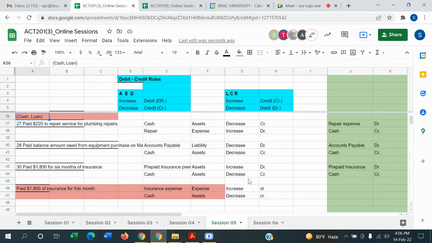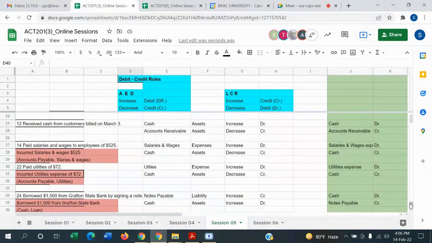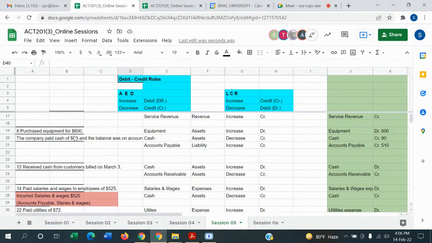And number 28, paid balance amount owed for equipment purchase on March 8. So what happened on March 8? We purchased an equipment with an amount of $600. At that time we paid 90 only, and the remaining 510 will be paid later on. That's how we have recorded that accounts payable amount. Now you are paying this amount.